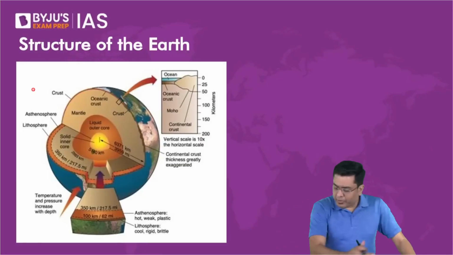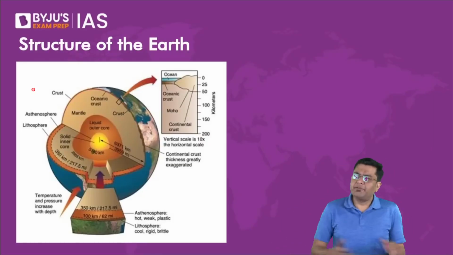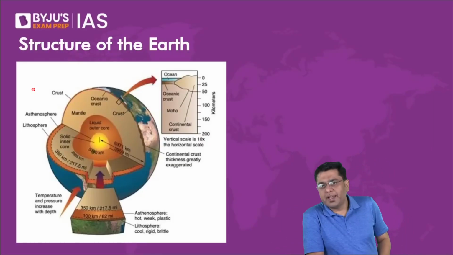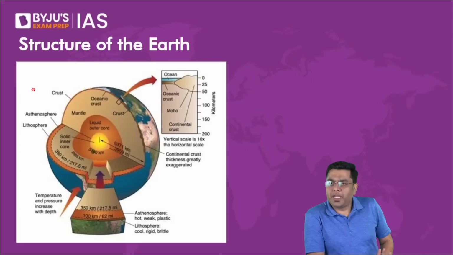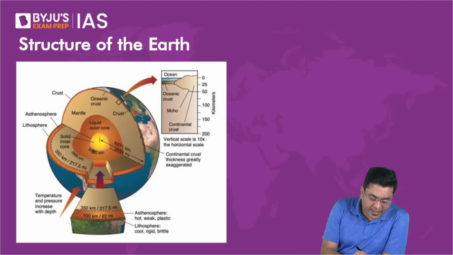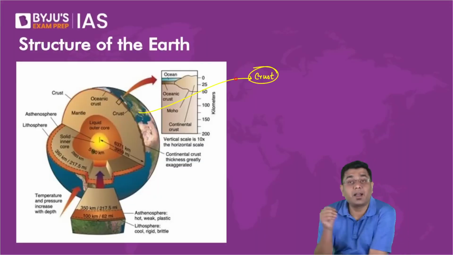Now, when we talk about the structure, we have distinct layers, and these layers have distinct thicknesses associated. Here, the thinnest outer surface is what is referred to as the crust. All our lives, what you have seen till now is just the crust.